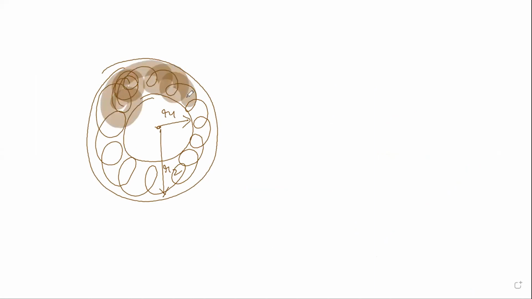So Sarthak, what you are suggesting is that if we want to find the area of the shaded region, all that we need to do is basically, if the inside radius is R1 and the outside radius is R2, then the area of the outside circle would be pi R2 square.